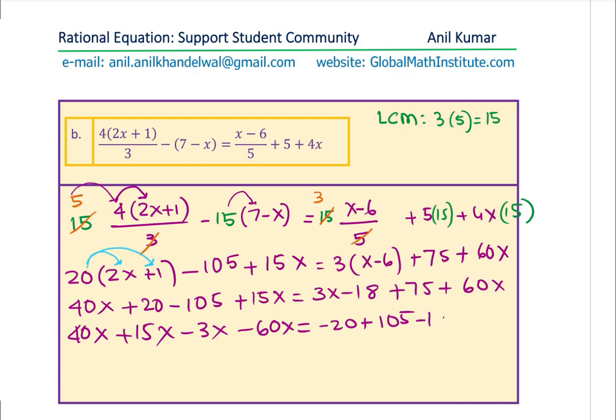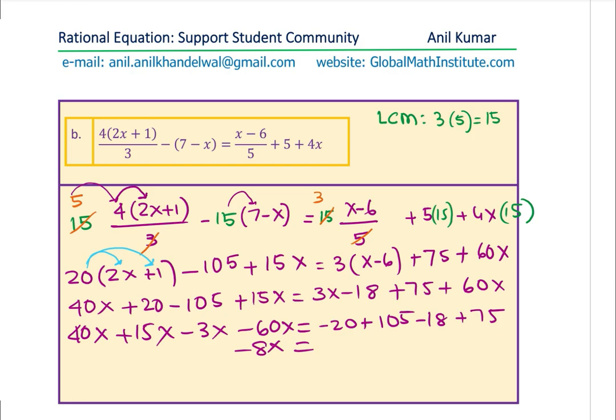We already have minus 18 and plus 75. Is that clear to you? So we brought variables on one side, and now you can combine these variable terms, and what do you get? 40 plus 15, 65, right? Minus 60, if you do minus 5 and minus 3, gives you minus 8. So we have minus 8x equals these numbers.